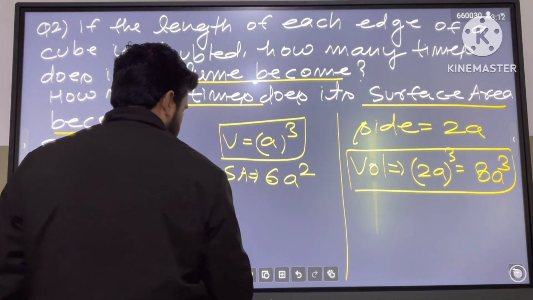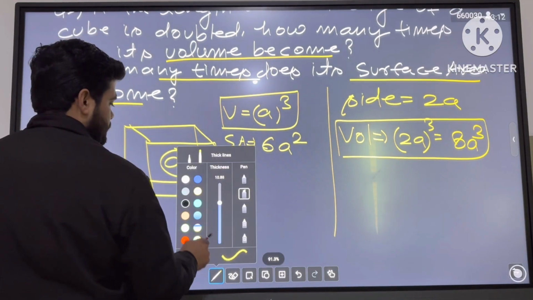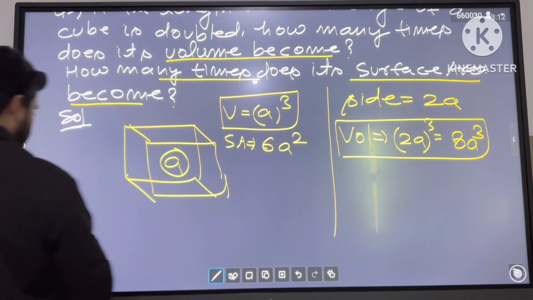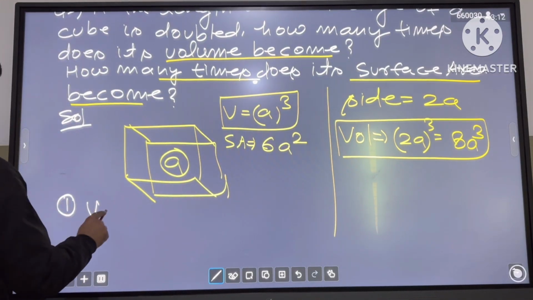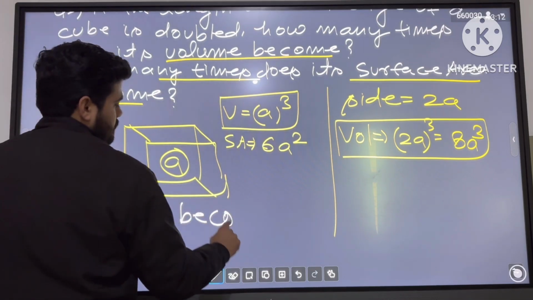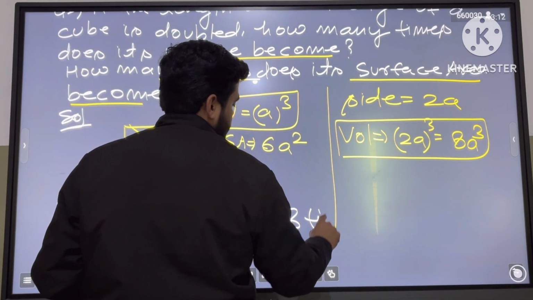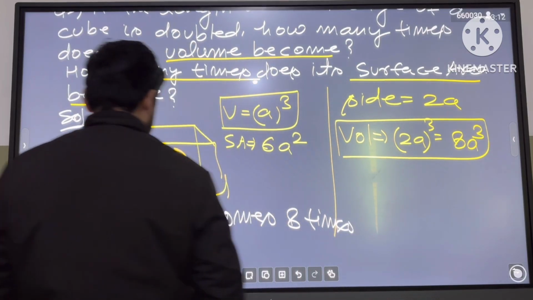So the answer of the first part is: volume becomes 8 times the old one.